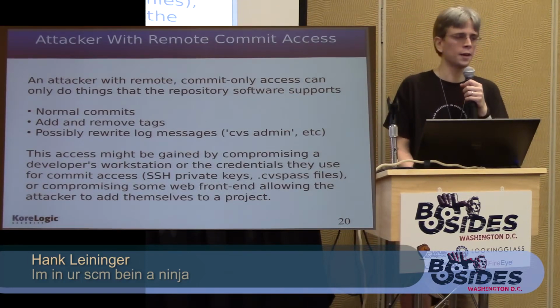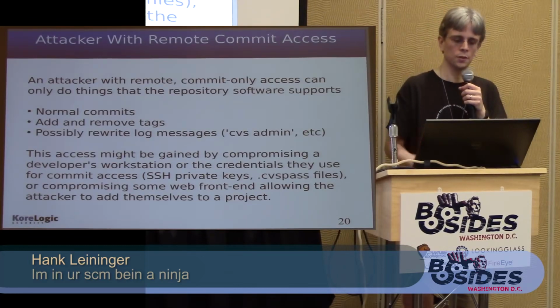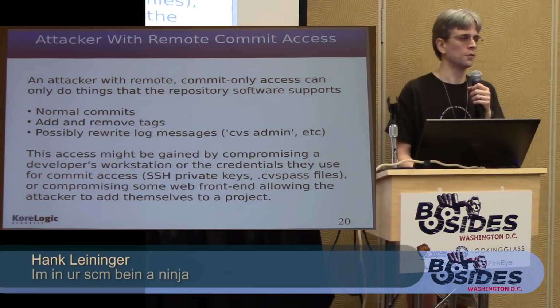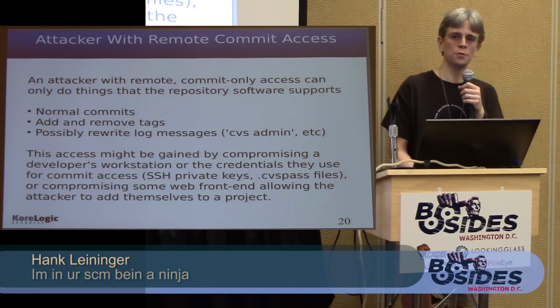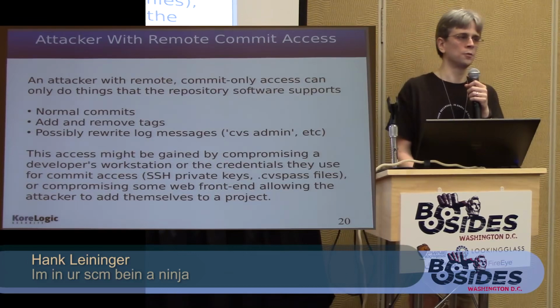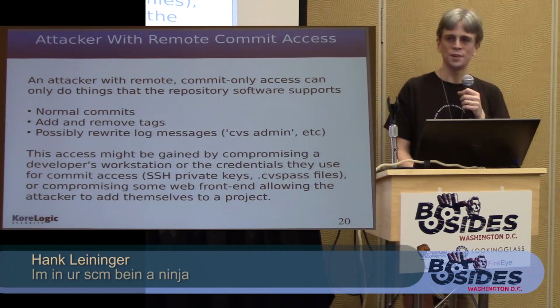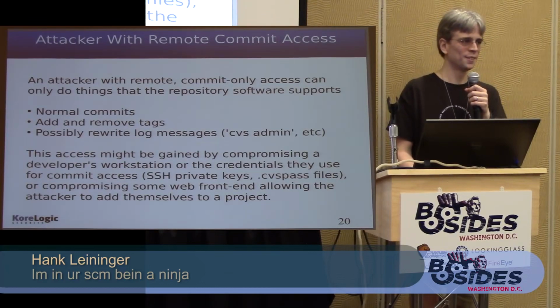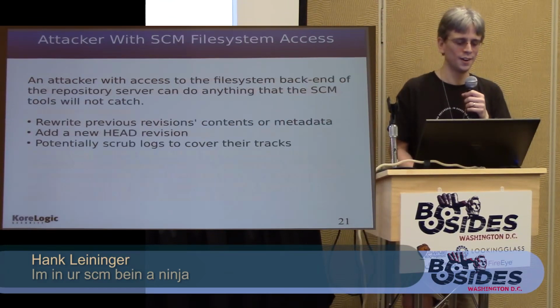You don't need to compromise the back-end server if you can inject code by compromising the developer's regular account. Or, especially in the case of public repo servers, there's typically some kind of web front end you can use to manage access to your repos. So if you were running a vulnerable version of Ruby on Rails and somebody used that to compromise your repository and add themselves as an allowed committer, not that that's happened. Anybody remember what I'm talking about? Okay, I'll dwell on it more later.